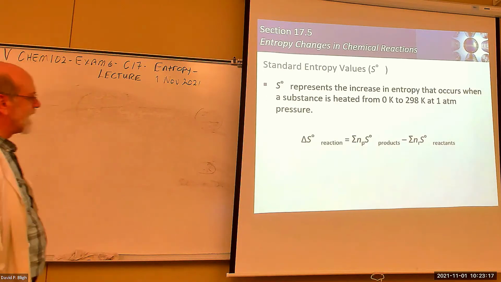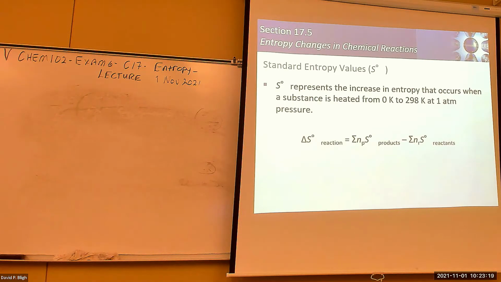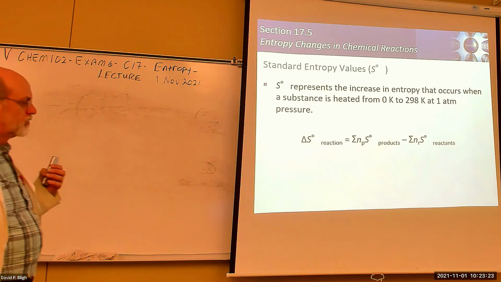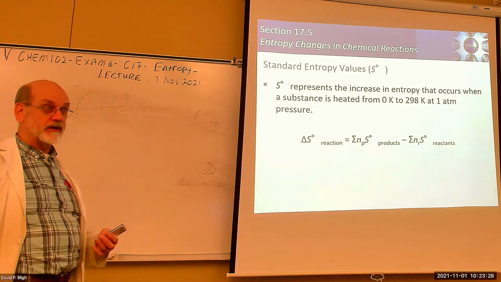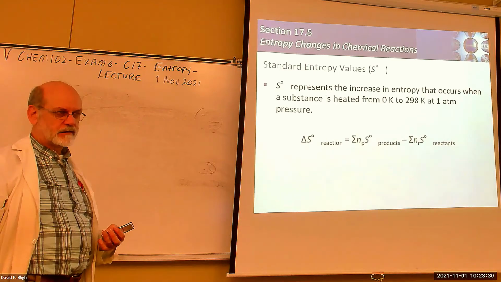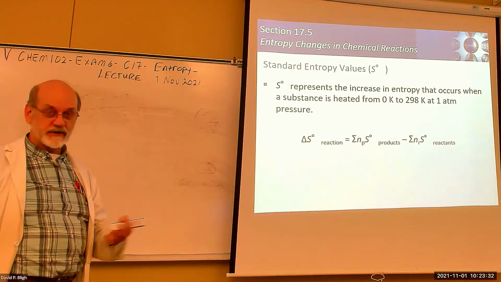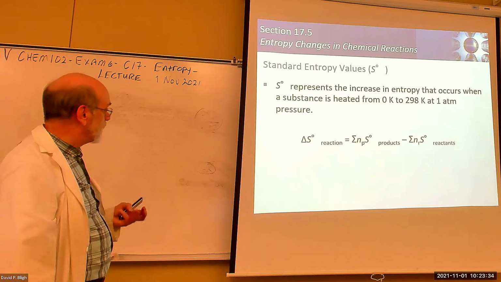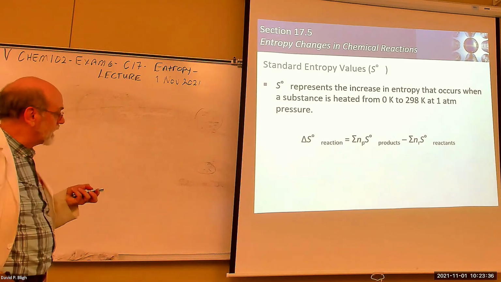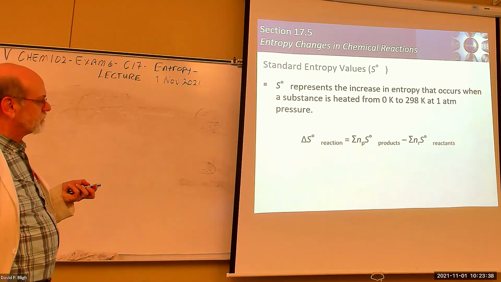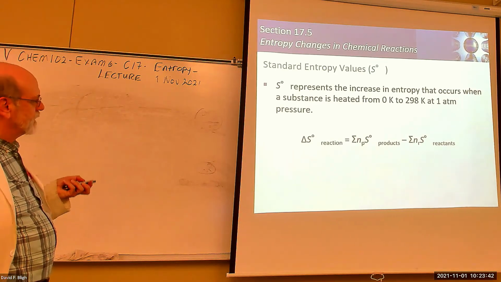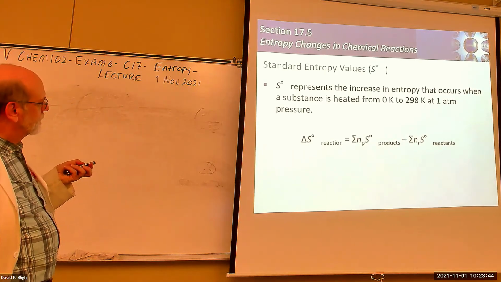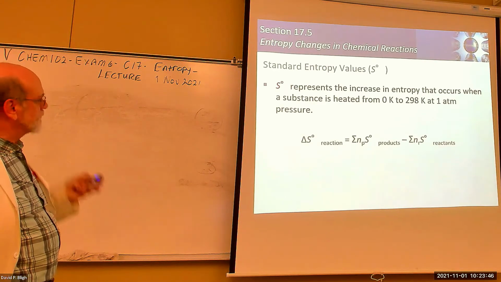So now let's talk about standard entropies, right? The thing is, if you can never reach zero entropy, because you can never get to zero K, then how do you measure standard entropies? So this has to be calculated.